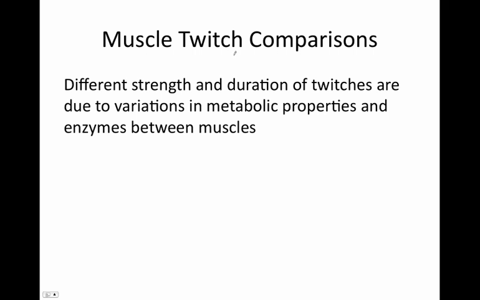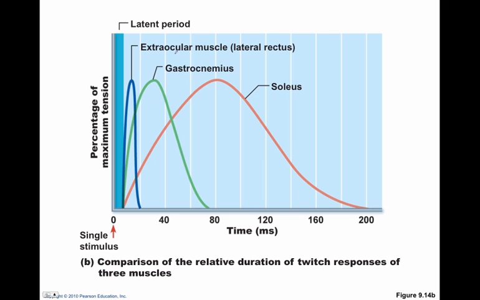When we compare muscle twitches, we can see differences in strength and duration that are due to variations in metabolic properties and enzymes between muscles. Just saying that different muscles are set up to handle twitch differently. If we take a look at an extraocular muscle, say lateral rectus, the muscle that lets you turn your eye laterally, so if you want to look at something in your peripheral vision, lateral rectus does that.